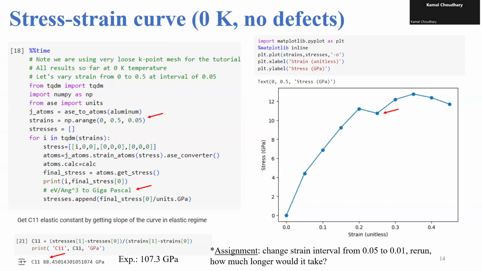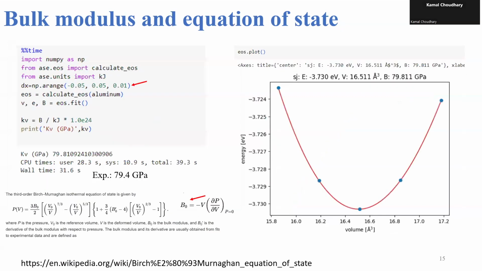Here we take the stress at the first point and the second point, and in this way you can calculate the elastic constant, which we get as 88 GPa, and the experimental measurement is 107. So it's a little bit off because we have not actually converged our K points, cutoff, and so on. So we are a little off from experiments, but it can be improved.